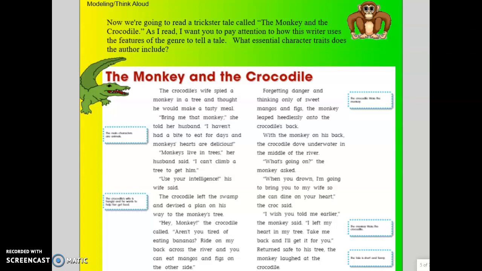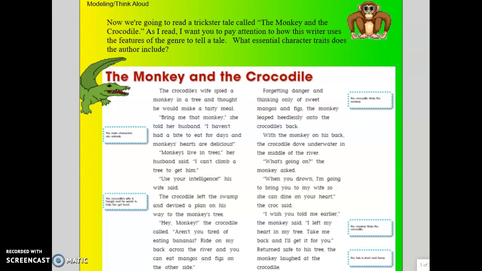With the monkey on his back, the crocodile dove underwater in the middle of the river. "What's going on?" the monkey asked. "When you drown, I'm going to bring you to my wife so she can dine on your heart," the croc said. "I wish you'd told me earlier," the monkey said. "I left my heart in the tree. Take me back and I'll get it for you."